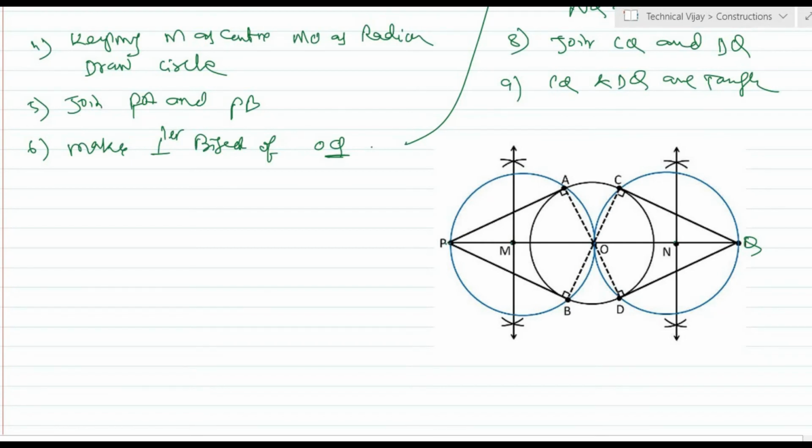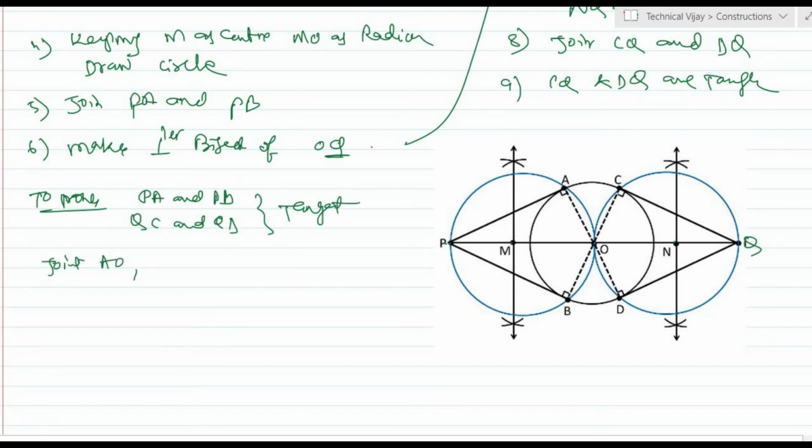So now to prove that PA and PB, also QC and QD, are tangents, what we have to do? We have to join AO, BO, CO and DO. Okay, this is DO. So now by observing this figure, consider triangle PAO.